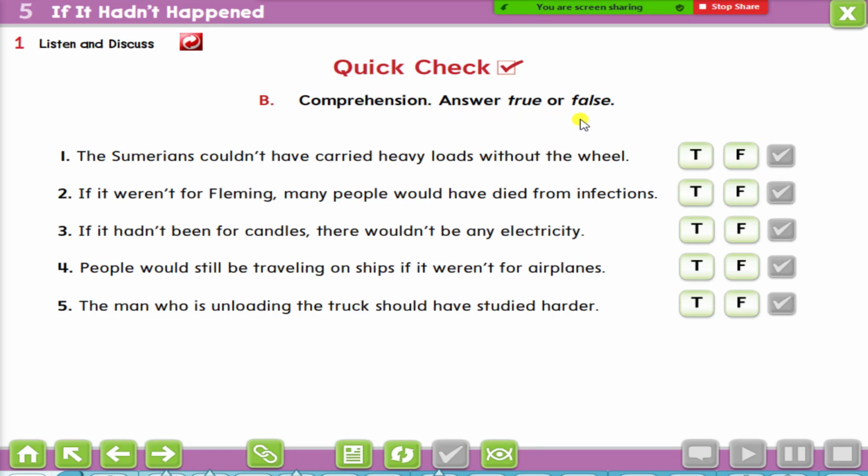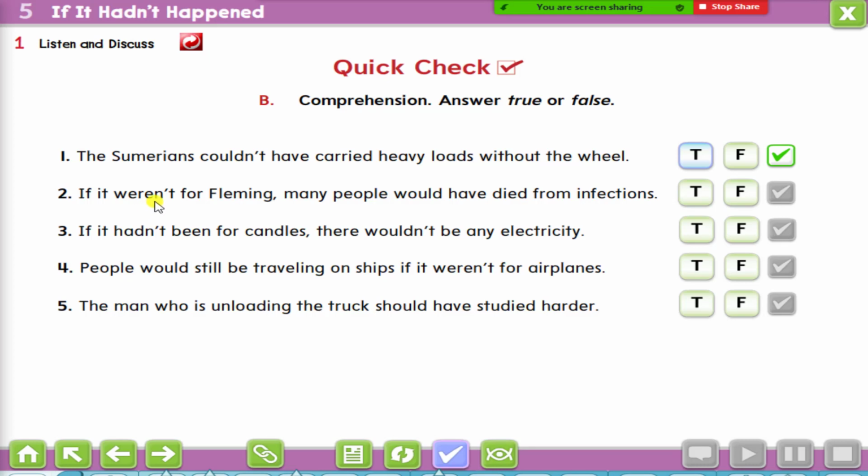Comprehension. Answer true or false. Number 1. Yes, Abdurrahman. Somewhere could it have carried heavy loads without the wheel? True. True, yeah. Very good. Thank you, Abdurrahman. Number 2. Yes, Anas.